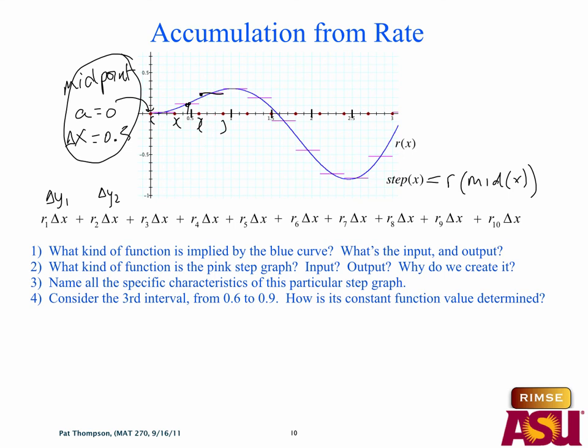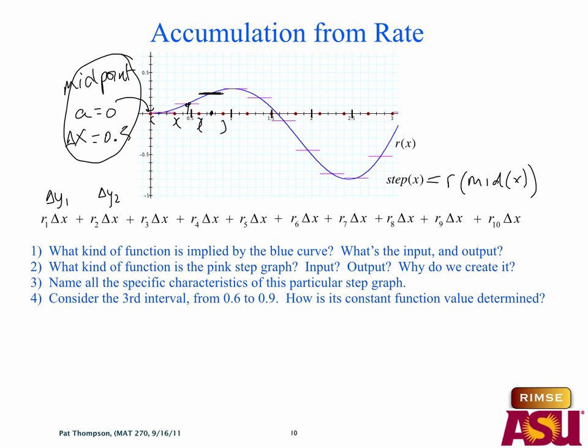How do I get this constant value? Where does that come from? So this is mid-x, so we've done that.